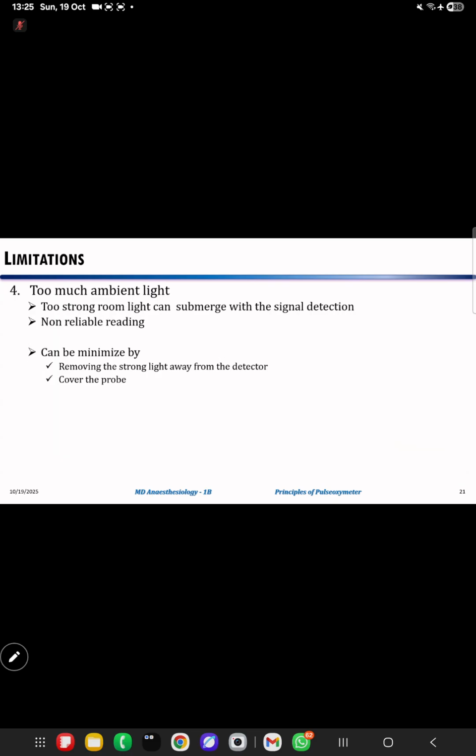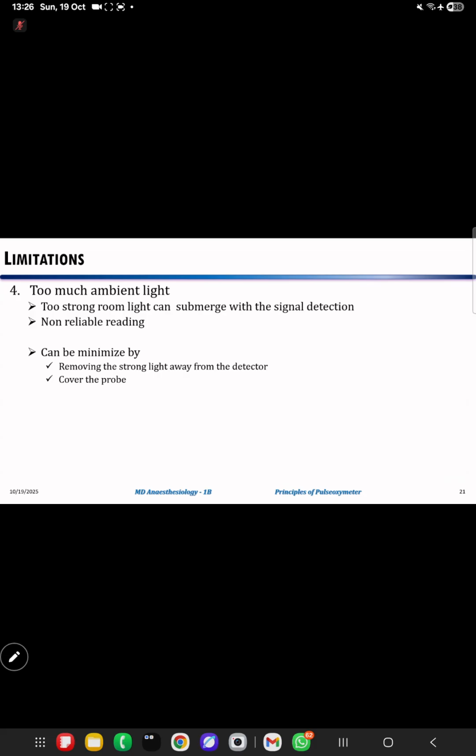If you have too much ambient light, too strong room light can submerge the signal detection and then lead to unreliable readings. I think most of you may have observed that when you put the pulse oximeter on and then try to put a cannula in, getting the theater light closer to the hand, you will lose your pulse oximeter reading, because some of the machines have this problem.